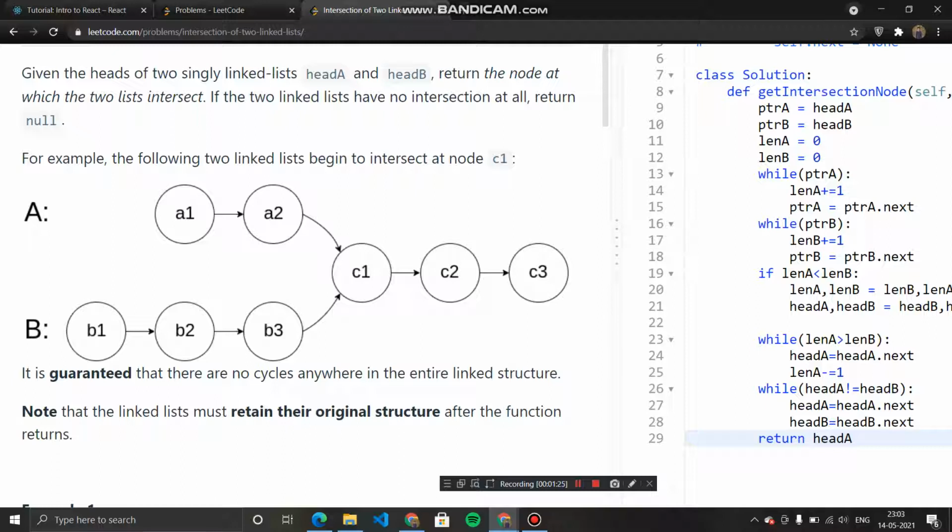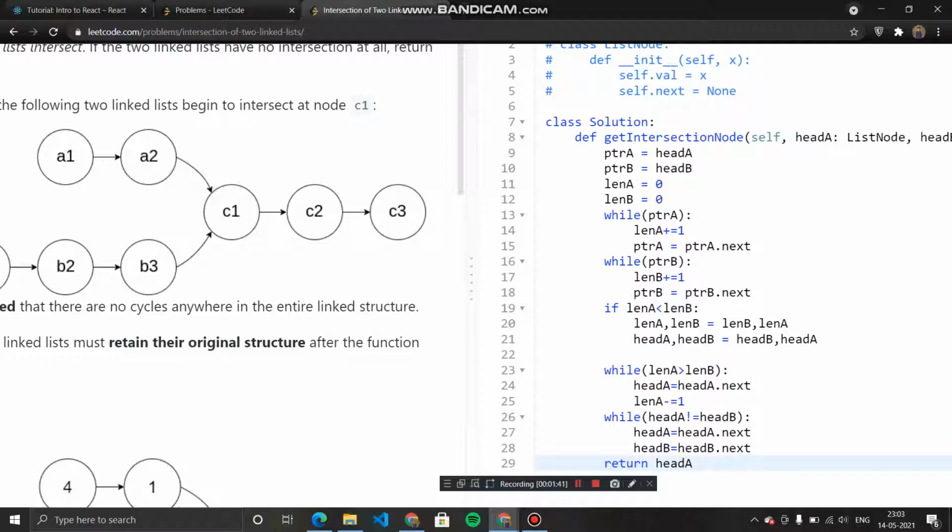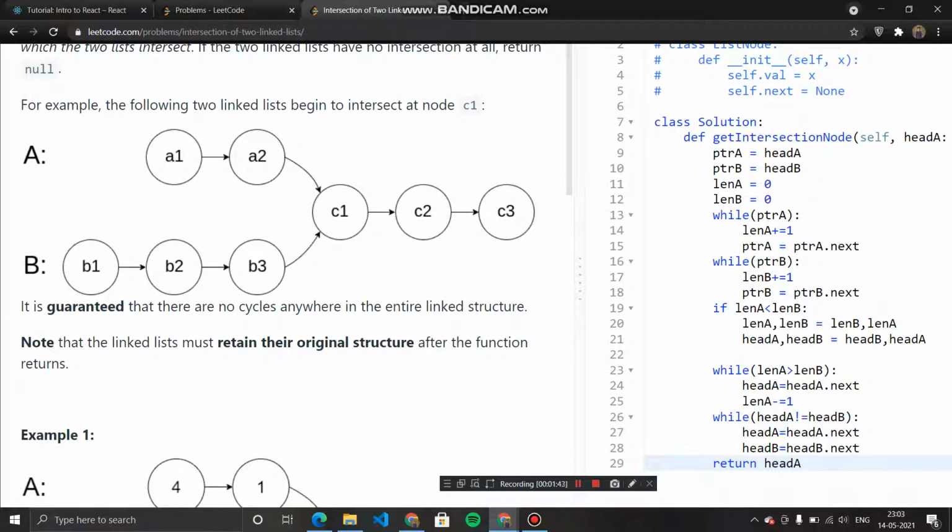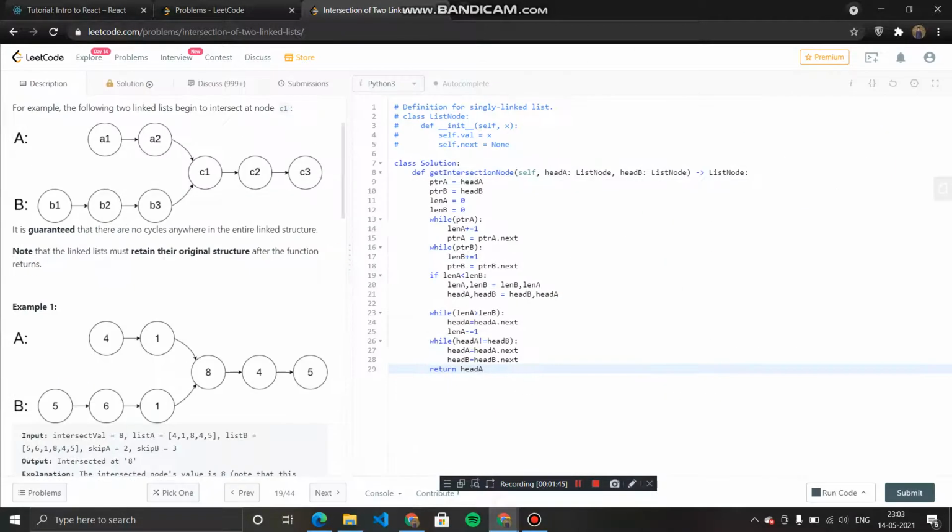First it is pointing to A1 and we traverse in B. Does A1 occur in B? No, it does not. Similarly A2 does not, but C1 does occur in B, so we return C1. The complexity will be O of m times n, and it is not a good approach.